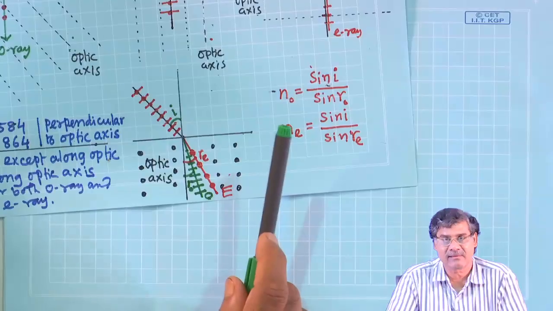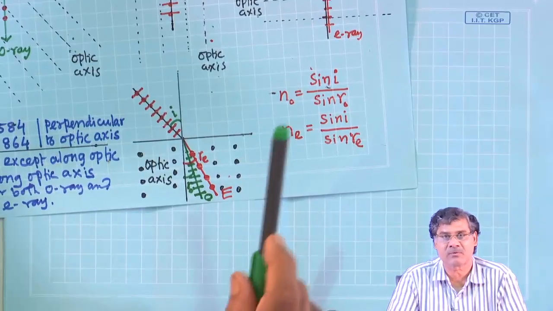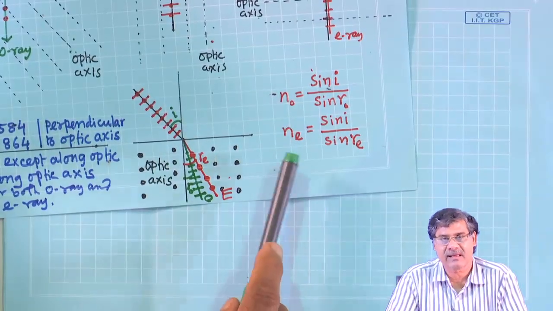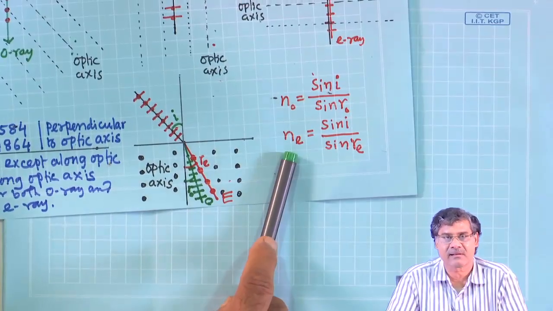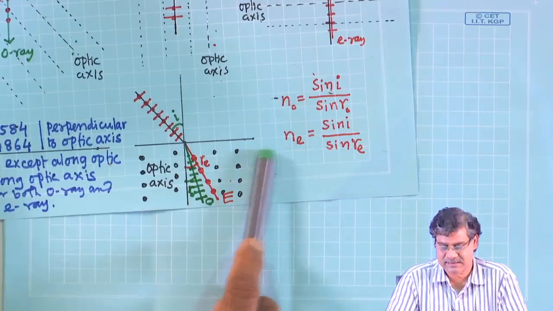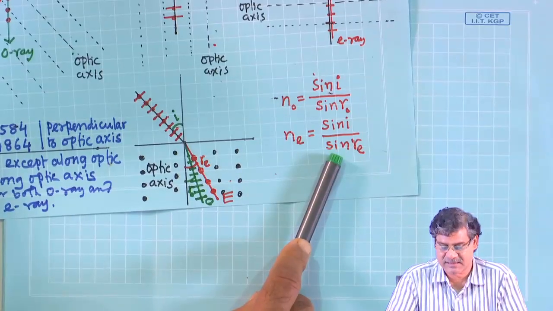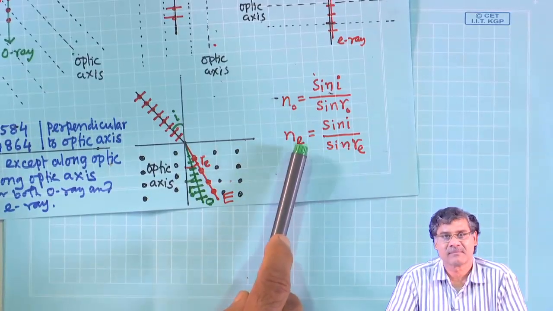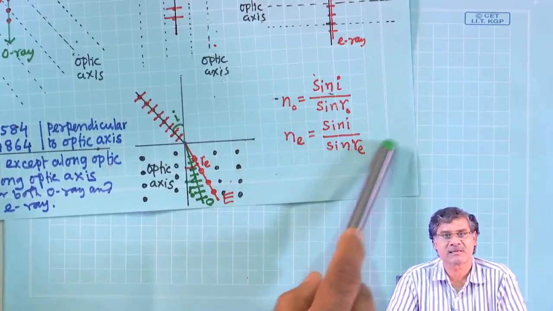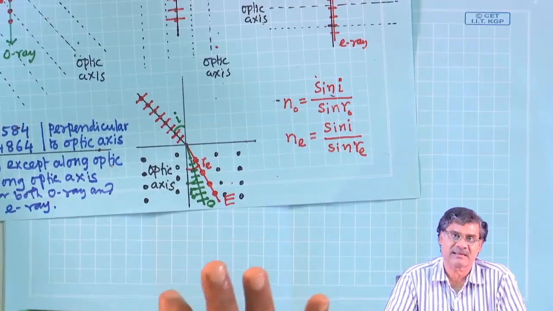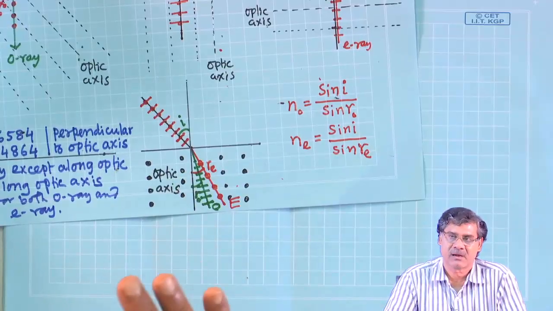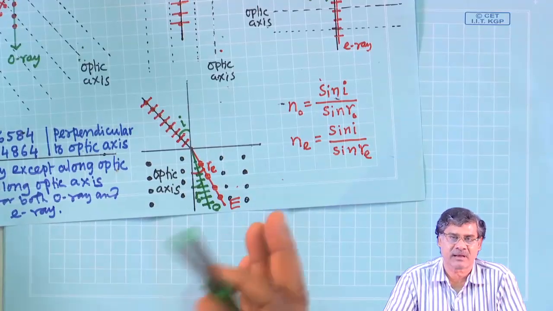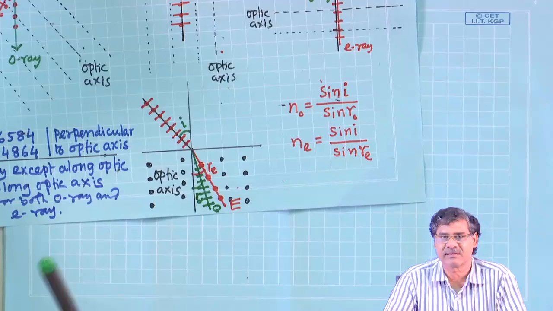The incident angle and the refracted angle are defined with respect to the optics axis, not the normal to the surface. Then it follows Snell's law. That's the reason we say this in the common refraction we are habituated with in class.